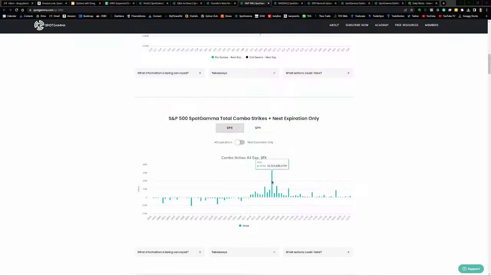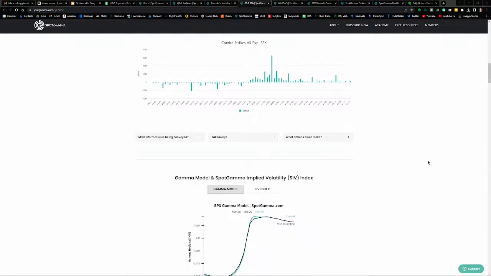And again, that might as well be 4065, the call wall for SPX. And we'll see when we look at the data in just a minute that the SPX is in a positive gamma environment. Market makers' position on the gamma curve for SPX is positive.